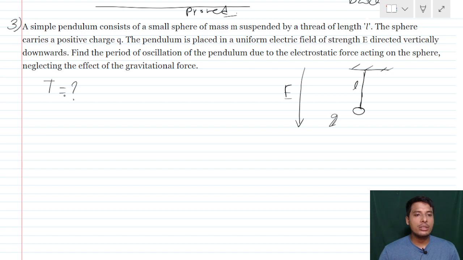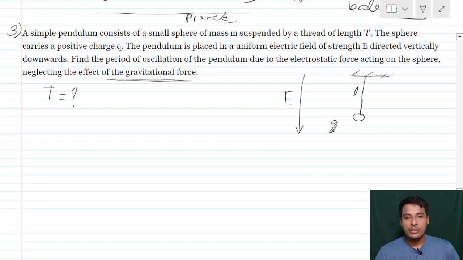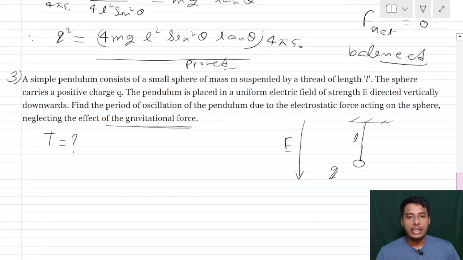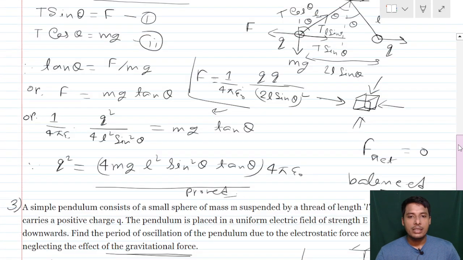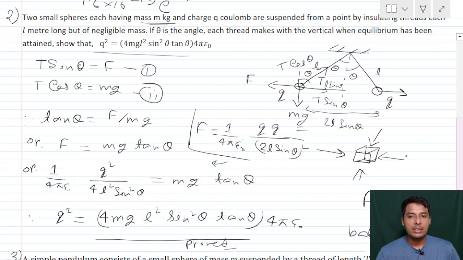So we have to find the period of oscillation. This is the expression for the period of oscillation of the simple pendulum, due to the electrostatic force acting on the sphere, neglecting the effect of gravitational force. The important thing is that in the previous question, we had written mg, the gravitational force.